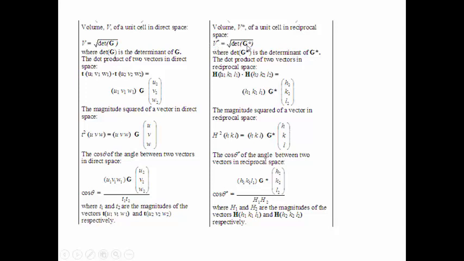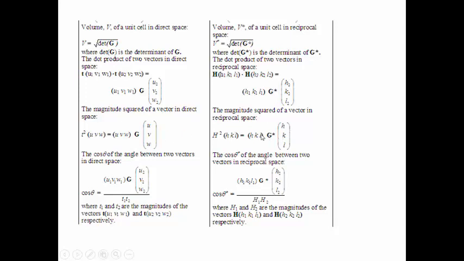So V star is equal to the determinant of G star, and the dot product of the two vectors becomes, you can see it comes right across. G goes to G star, U, V, and W sub 1 go to H, K, and L sub 1, etc. The same thing occurs with the magnitude of the square of the vector, and here's the magnitude of the square of the vector in reciprocal space.